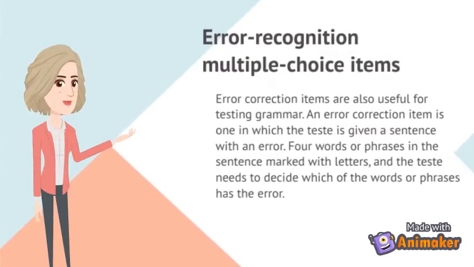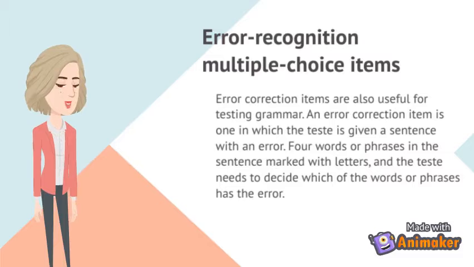Error recognition multiple choice items. Error recognition items are also useful for testing grammar. Error recognition refers to the ability to recognize or detect the presence of an error. Recognition may happen as the error is being made or after it has occurred.